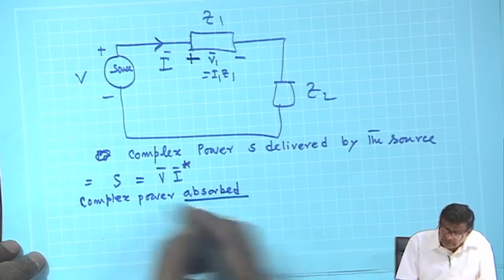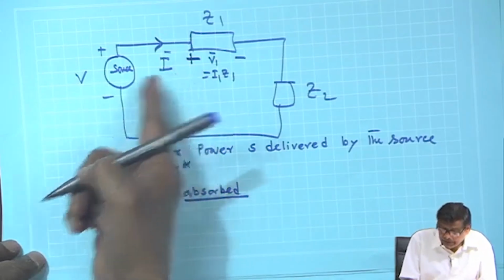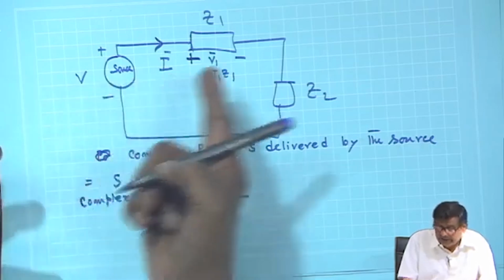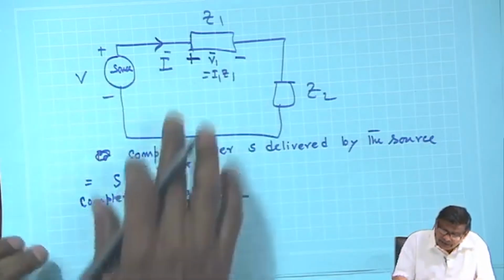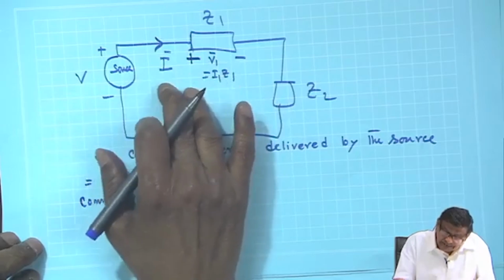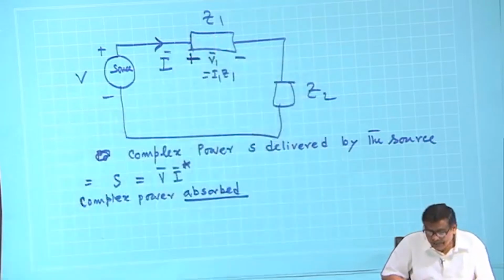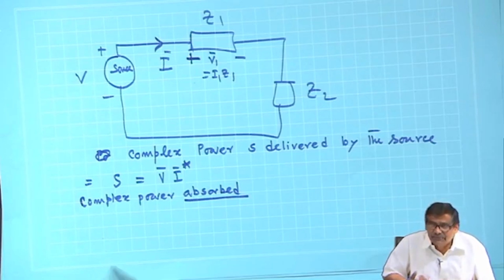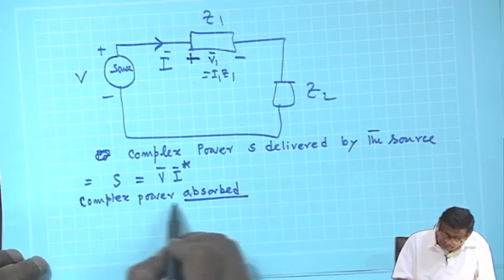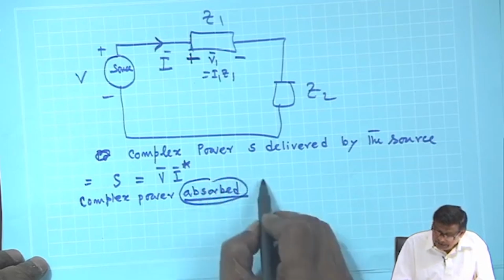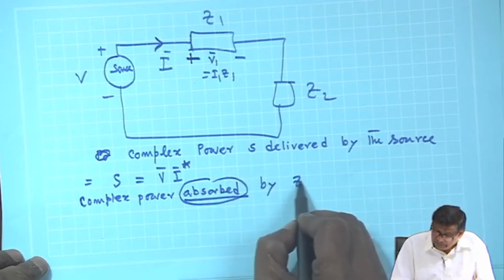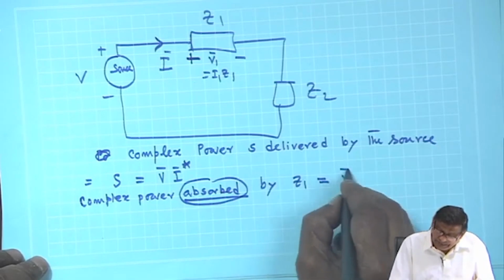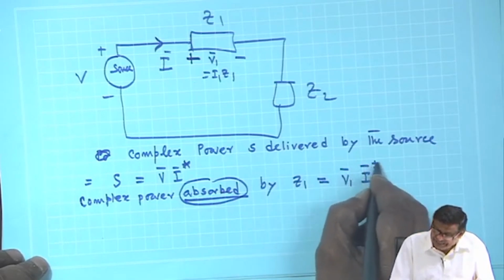Because of my assumptions of the direction of current and polarities of the voltages, this element absorbs current through the positive terminal, that means it is absorbing power. So, complex power absorbed by Z1 will be V1 and I star.